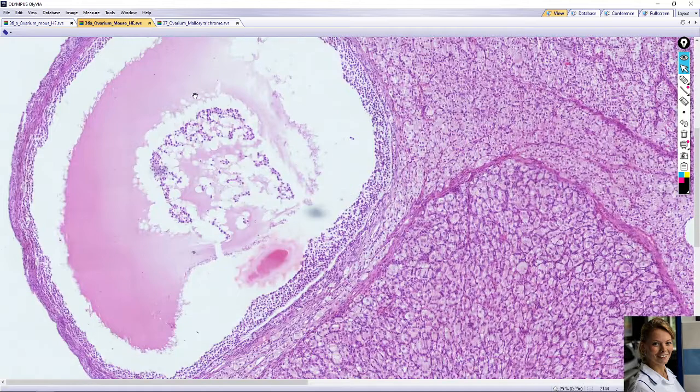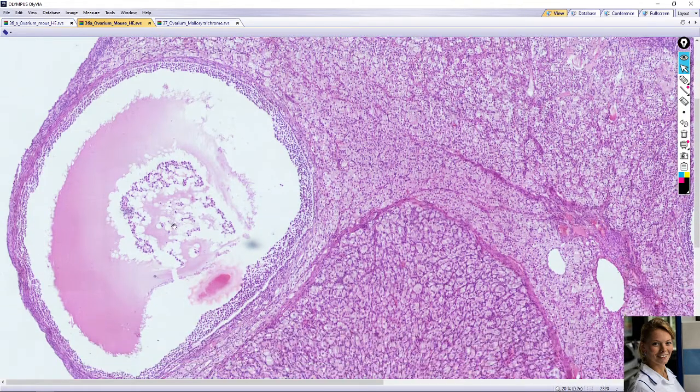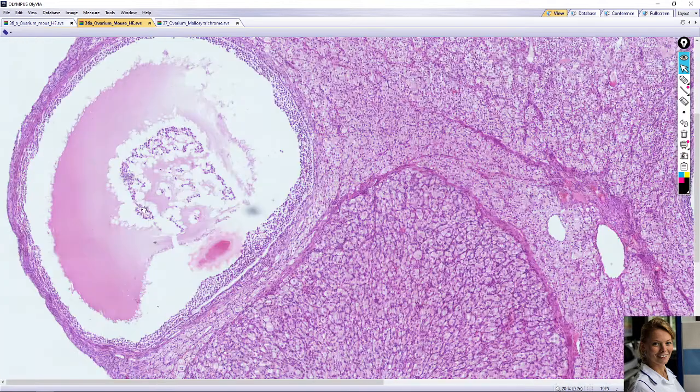The mature follicle contains only one cavity, which is filled by follicular liquid, one antrum, but in this section the oocyte is not visible. I draw it.